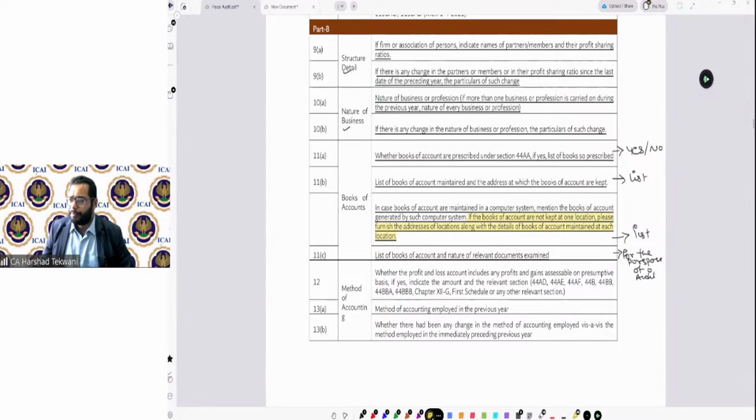What will you write if your books of accounts are kept on cloud?